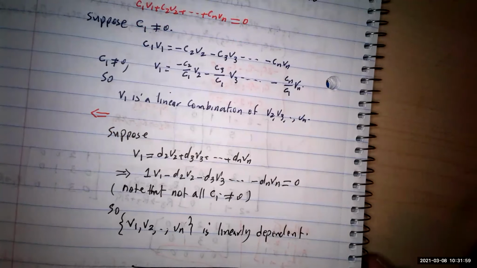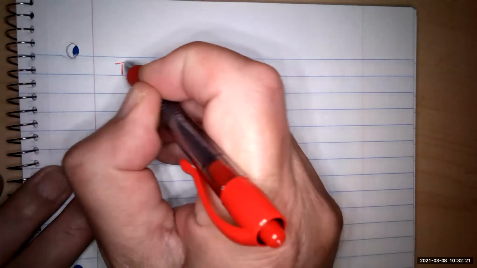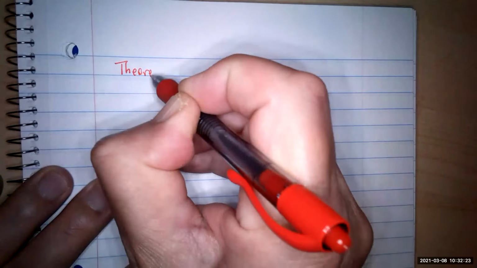So that's going to be one case. This next one is very interesting and very useful. We're going to use it. If they give you a set of two vectors, and one of them is a multiple of the other one, these two vectors are linearly dependent. This is very useful and we're going to use it quite a lot. The theorem is again very easy to prove.